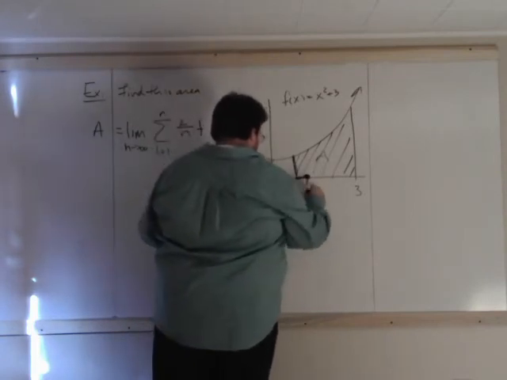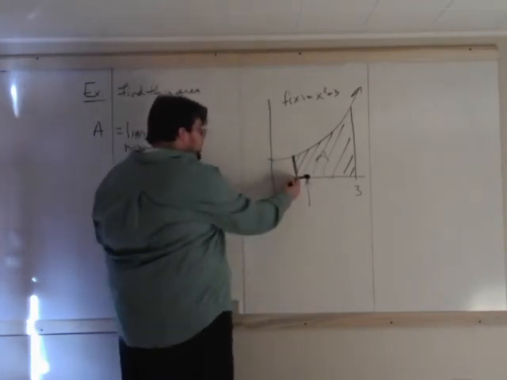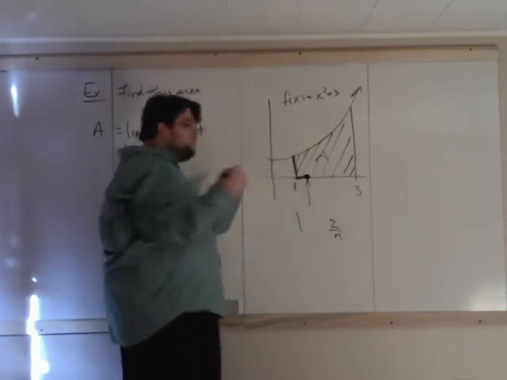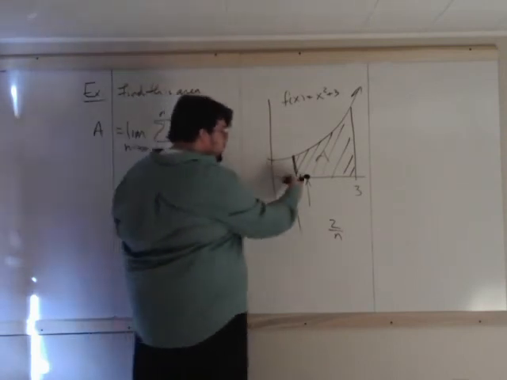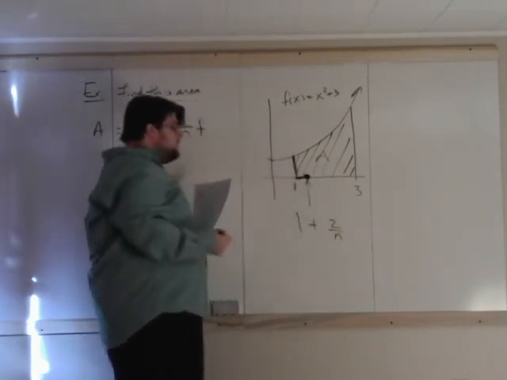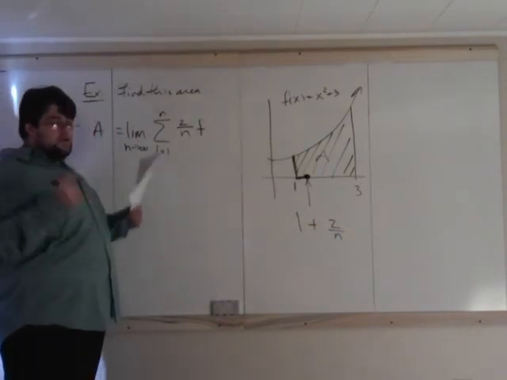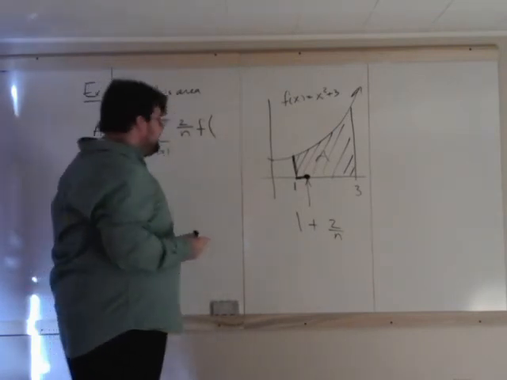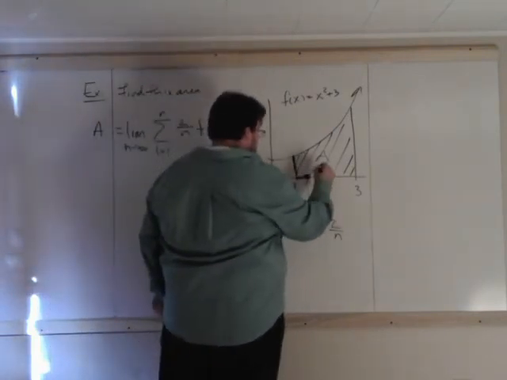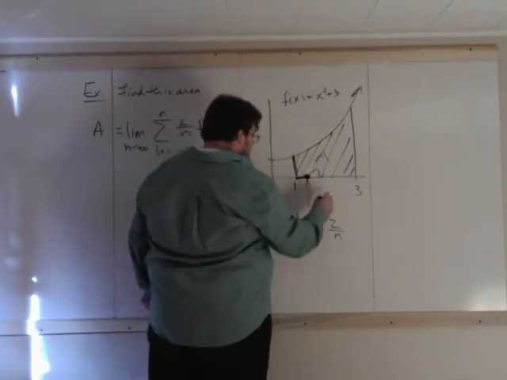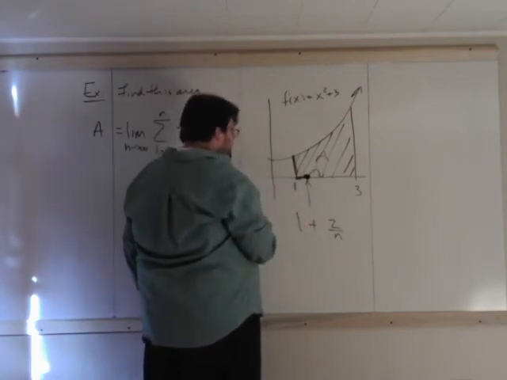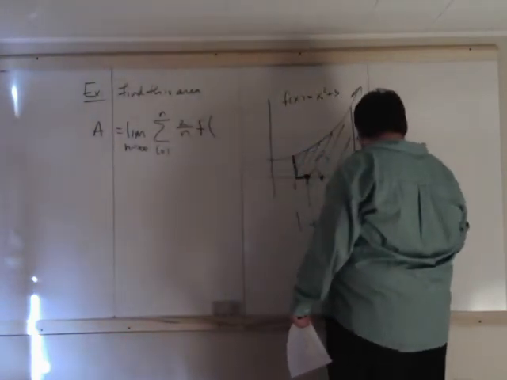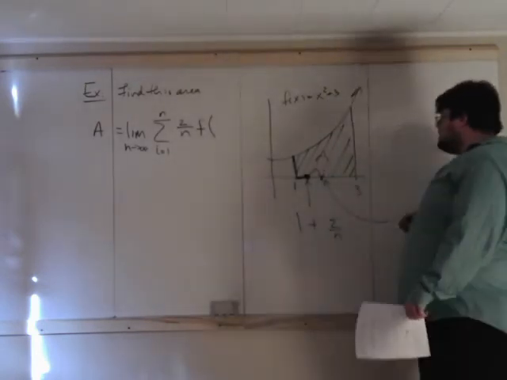So this x value. How do we get that x value? Well, we start at 1, and we move over 1 width of a rectangle, so that first one occurs at 1 plus 2 over n. To get to the next endpoint, how do we get there?